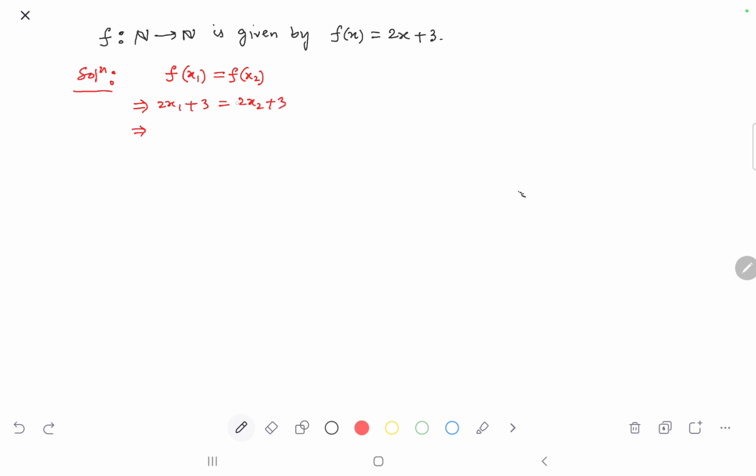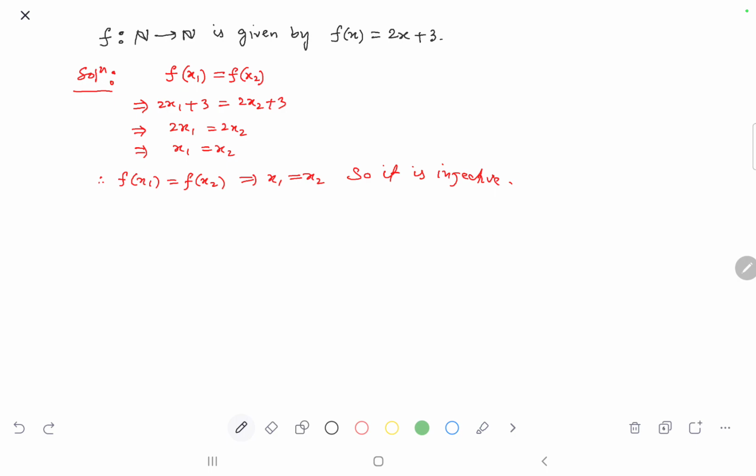The 3 cancels out, so we get 2x1 equal to 2x2. The 2 cancels out on both sides, so x1 equal to x2. So we get f of x1 equal to f of x2 implies x1 equal to x2. So it is injective.